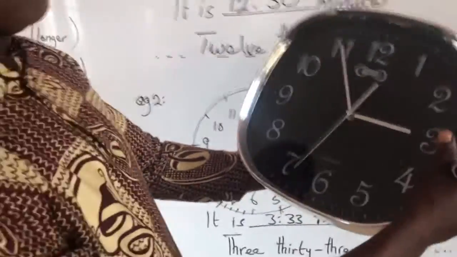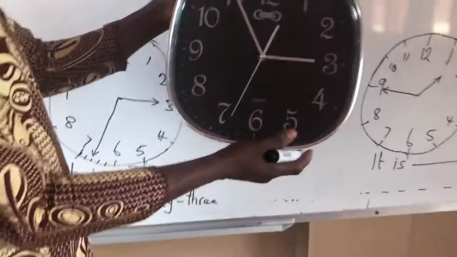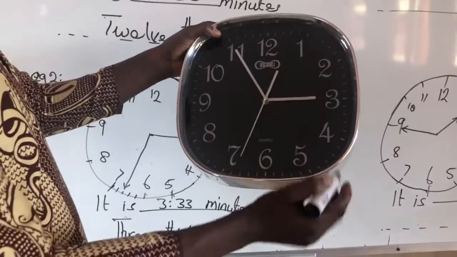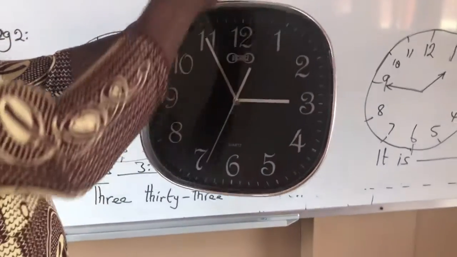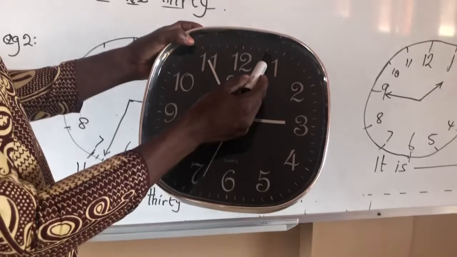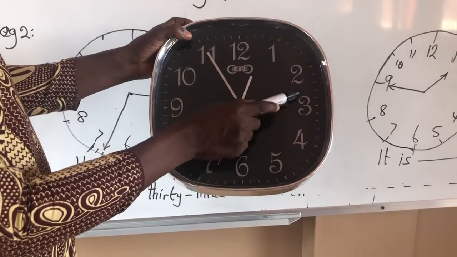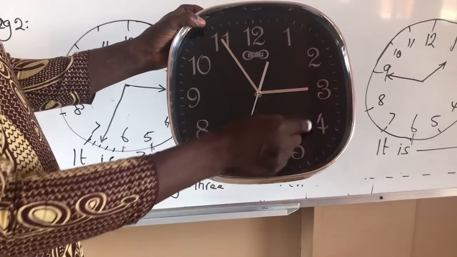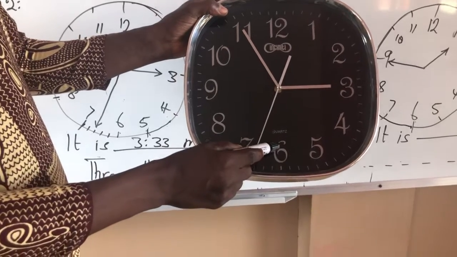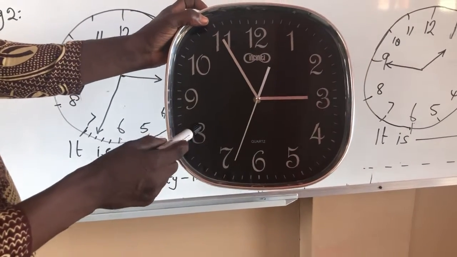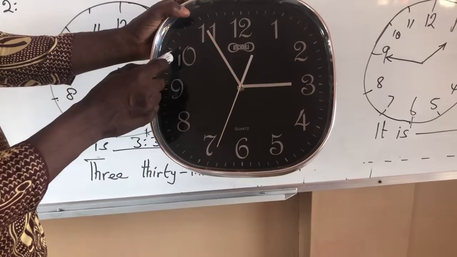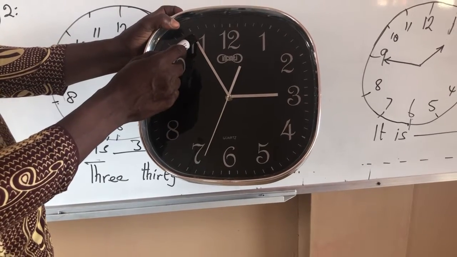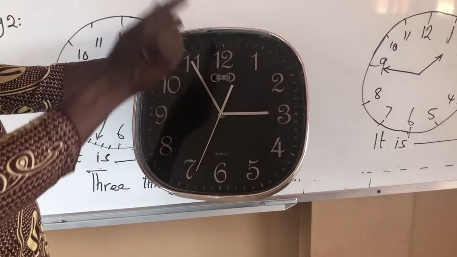So this is the clock or the time on the board. Look at this. This is what? From here to here. I said 5, 10, 15, 20, 25, 30, 35, 40, 45, 50, 55. When you get to 12, that is 60, an hour.